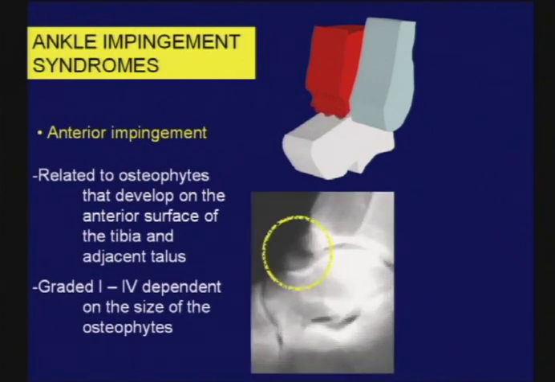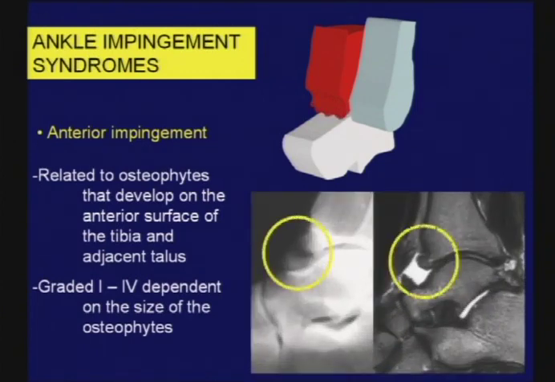The osteophytes are generally well shown on standard images, plain films of the ankle. These can be confirmed with MR imaging, as in this case, and MR imaging may show associated synovial proliferation adjacent to the osteophytes.